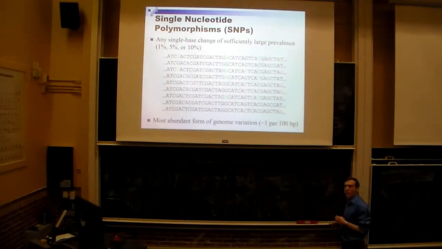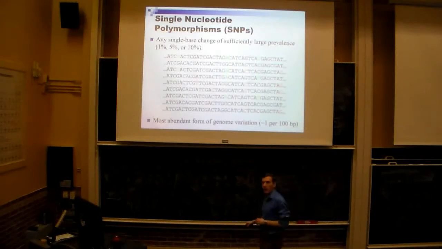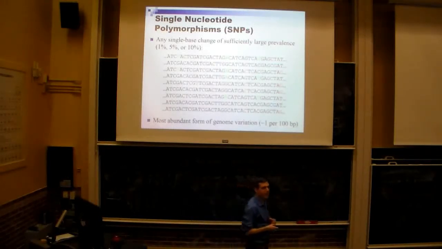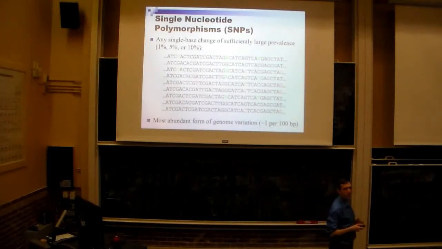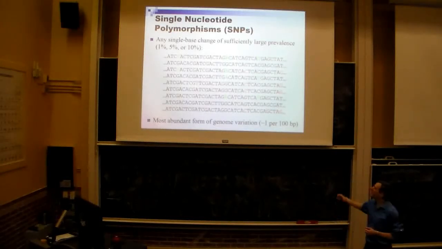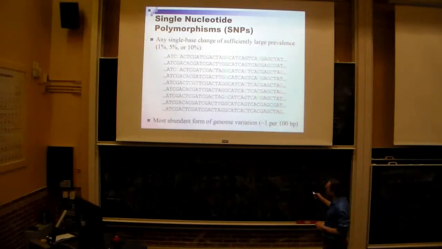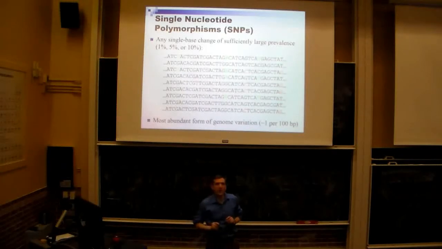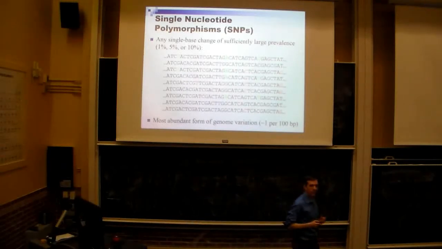So the estimates of how frequent these are are kind of a moving target. The more we sequence, and especially the more we sequence in more isolated populations, the larger the estimate of their frequency becomes, and therefore the smaller the estimate of the average distance between them. But roughly speaking, we can say once every 100 base pairs or so, there is a SNP.